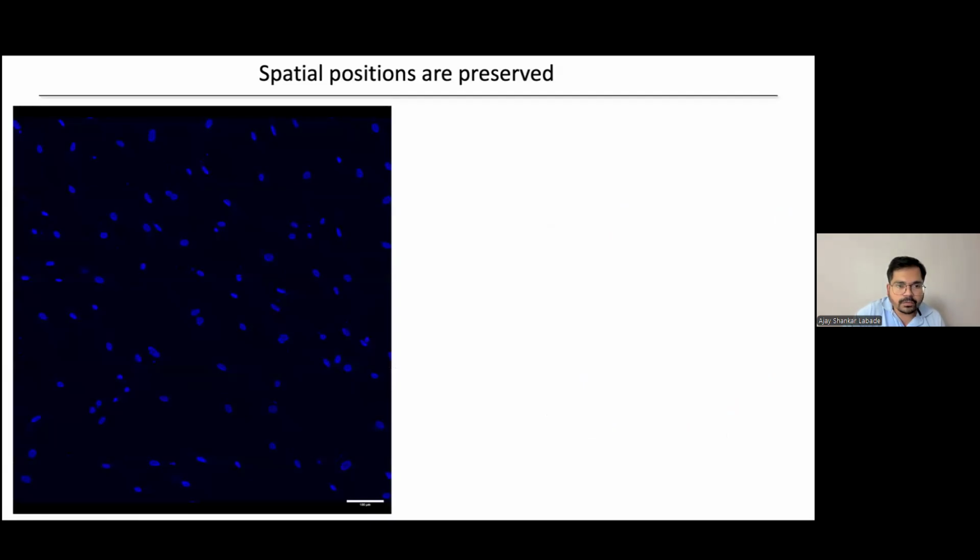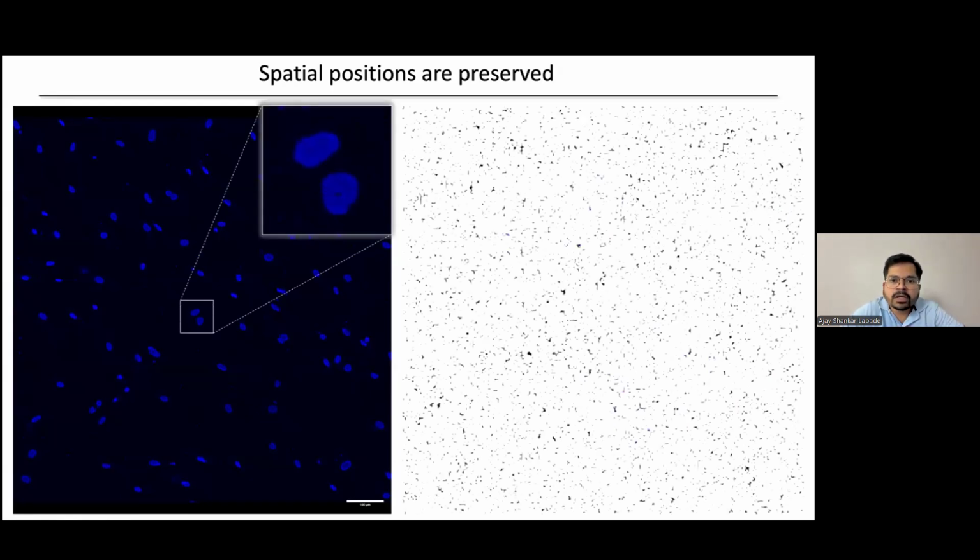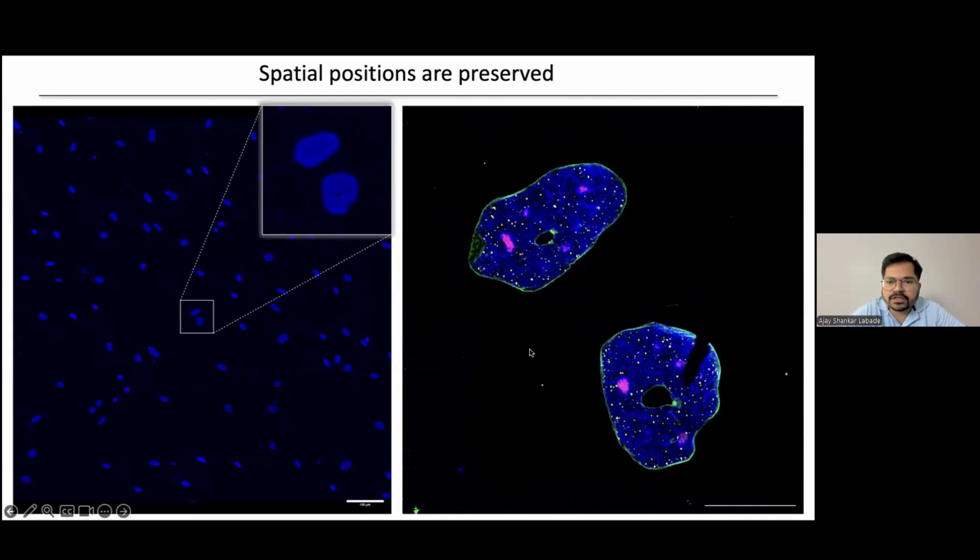So what we start with is unexpanded cells. We take a large field of view of all the cells that we have on, for example, a coverslip. We take a huge montage, and then we expand all those cells together, and computationally, we can then find out the cells before and after expansion.